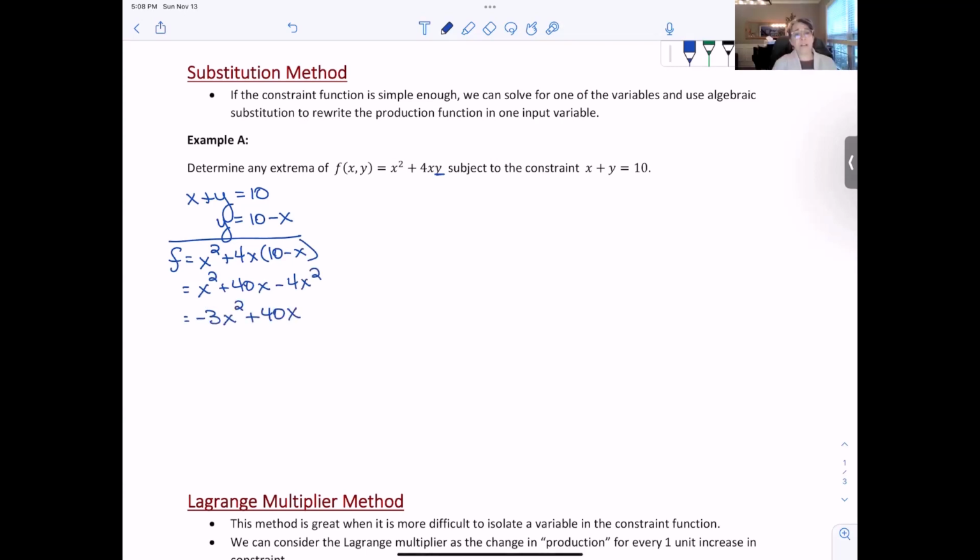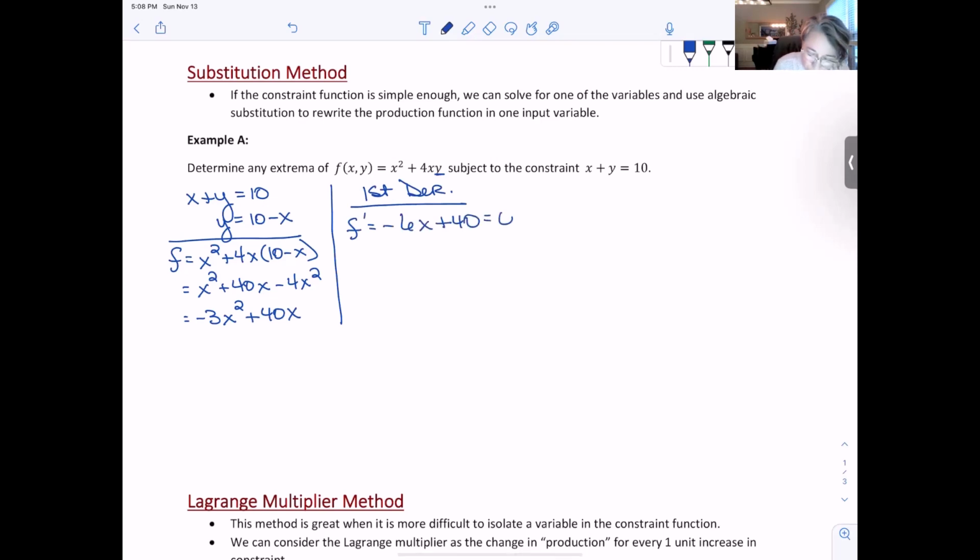Now we've gone from two equations that we have to deal with down to one equation. And we can actually find the extrema here using our first derivative test and even our second derivative test. If we take the first derivative, f prime, we get negative 6x plus 40.